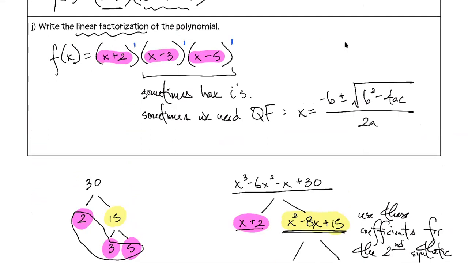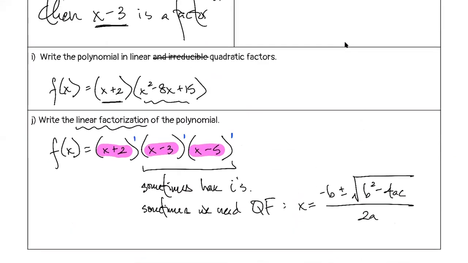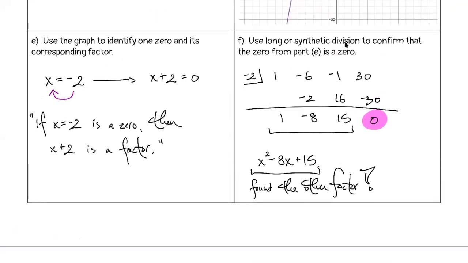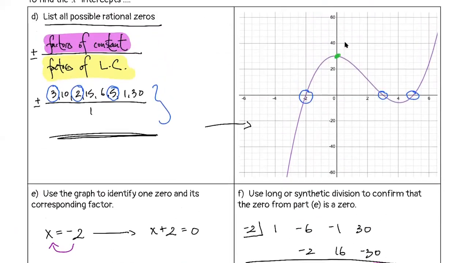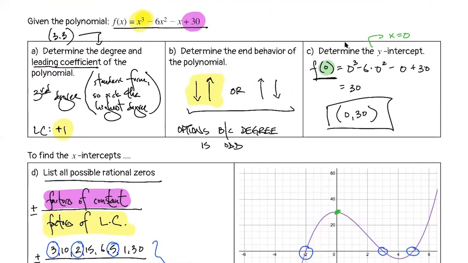This power is a 1. If it's factored, then I add them up, right? 1 plus 1 plus 1 gives me 3. But in the original problem, it was in standard form. So I picked the highest degree or the highest power. Okay, so standard form, pick the highest degree.